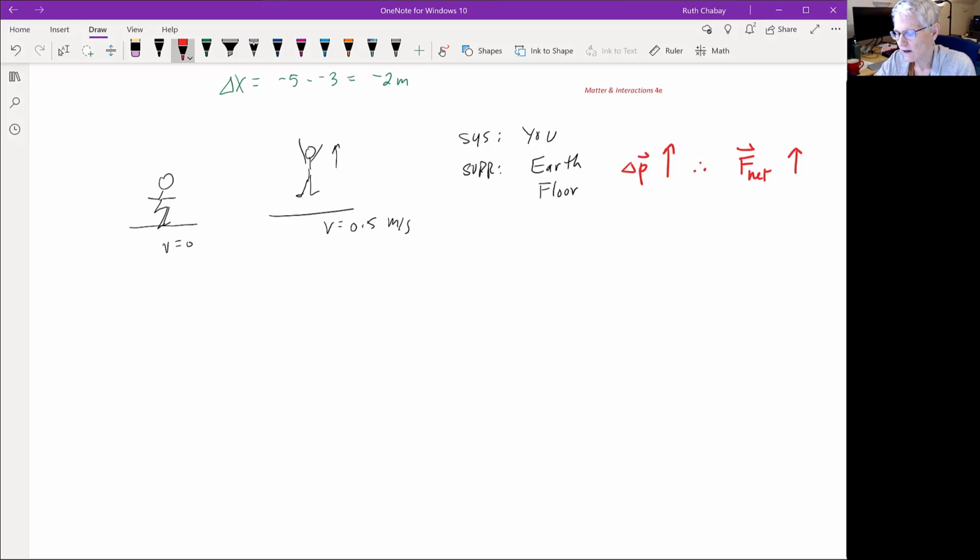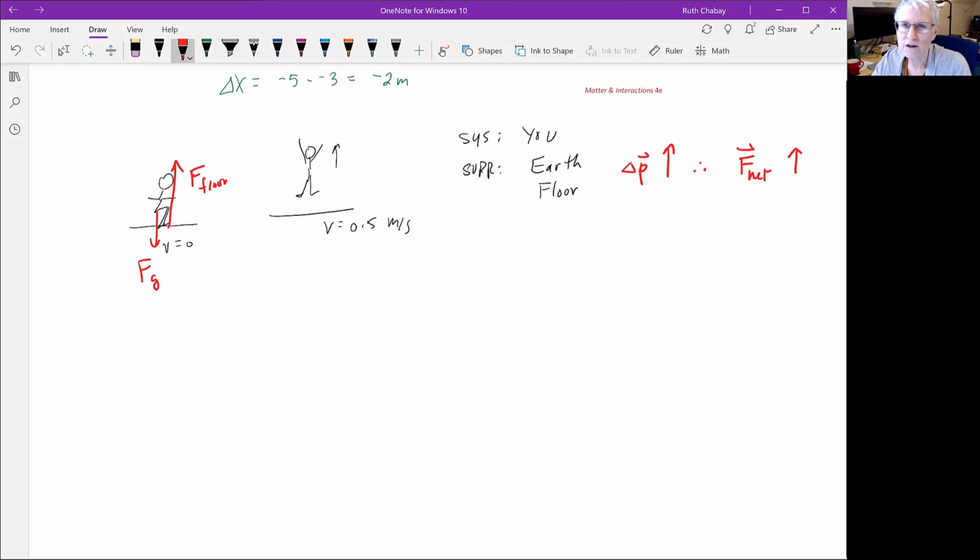But how much, and that must have been due to the force by the floor, right? So the floor exerted a force up, the Earth exerted a gravitational force down, but the force by the floor was larger.